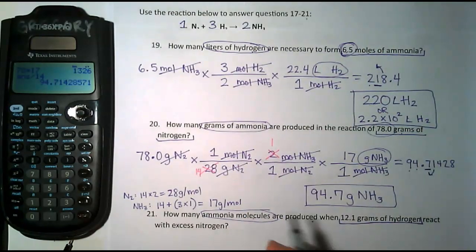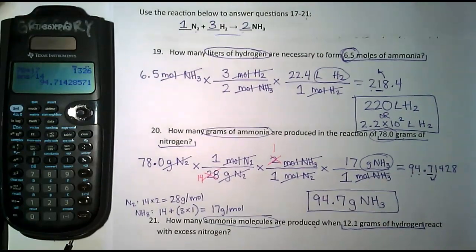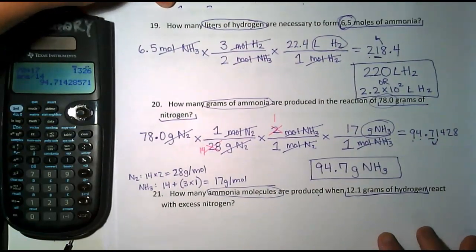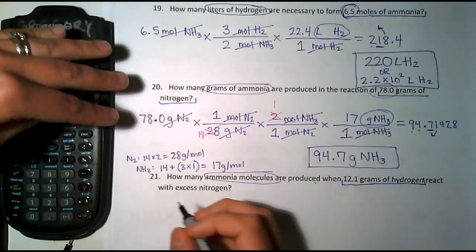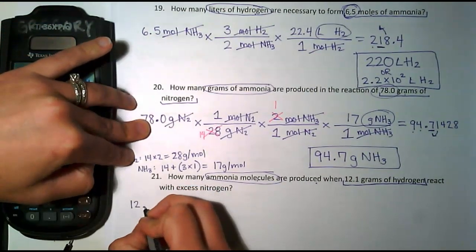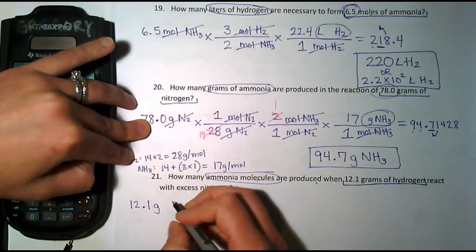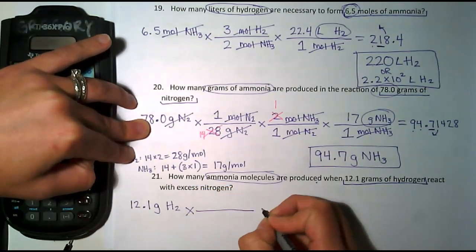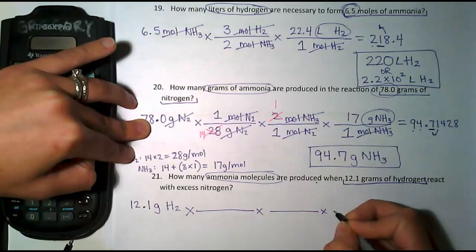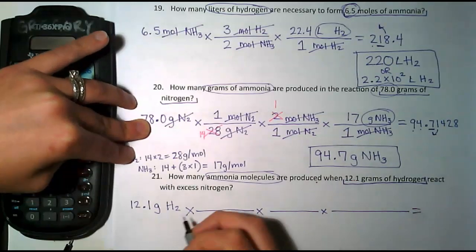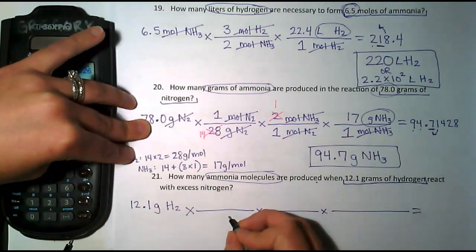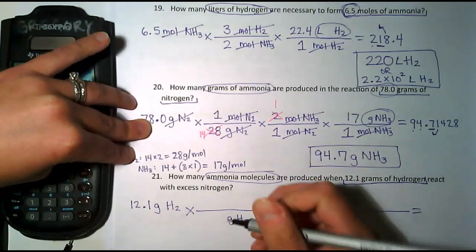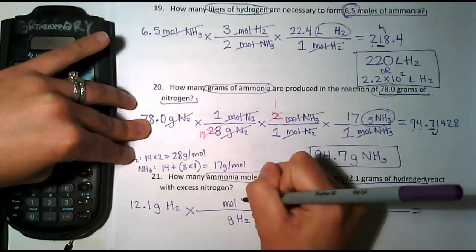So let's write. I'm going to have to move this up and cover our equation for a second here. So let's write our given value, 12.1 grams of H2. And we're going to need 1, 2, 3 conversion factors. Our first conversion factor has grams of H2 on bottom, and we're going to go to moles of H2.